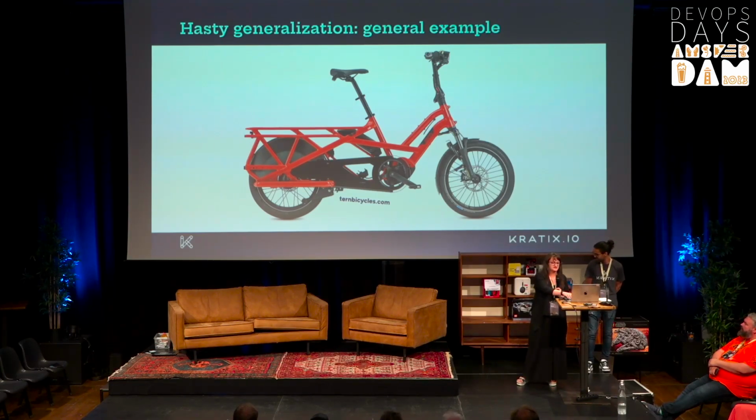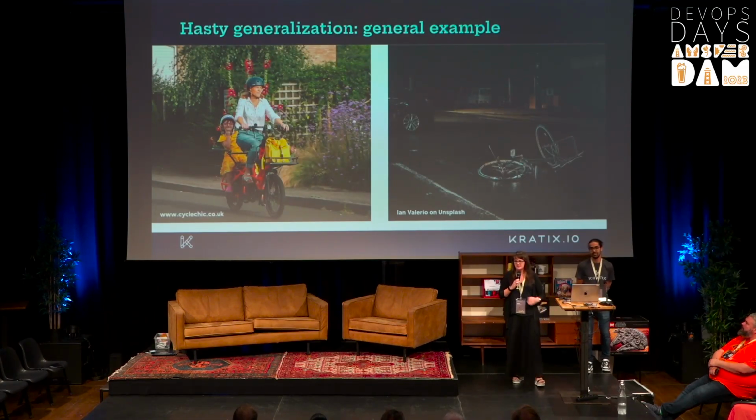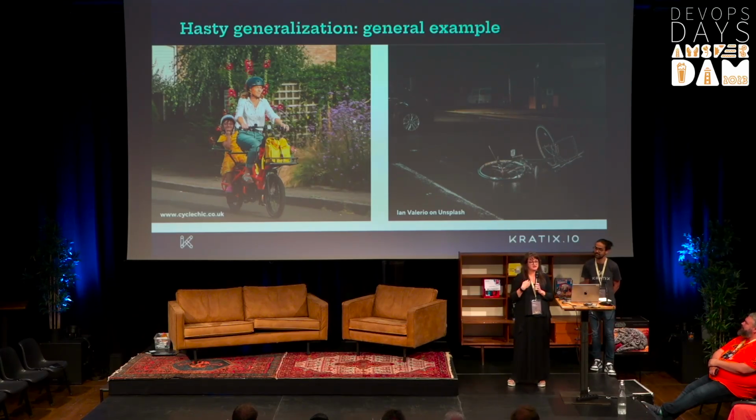Coming back to hasty generalization, my husband last week came home from a night at the pub with some parents of my 5-year-old daughter's classmates, and he said, listen, I know you're super into this bike idea, and when you have an idea, you like to run with it, but I have to tell you, I was at a table, and there were 3 other parents there, 3 different families, and they all cycle, and their kids all cycle as well. But they've all had accidents. It's not a good idea.